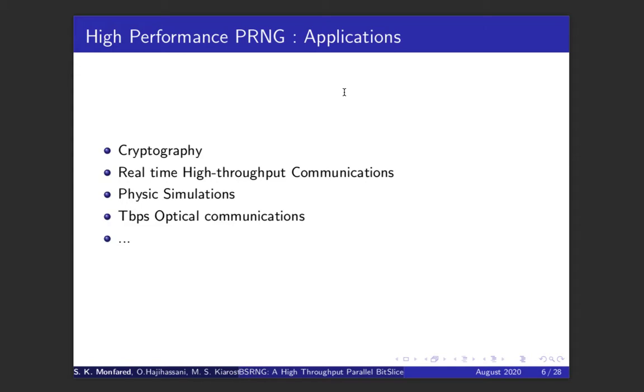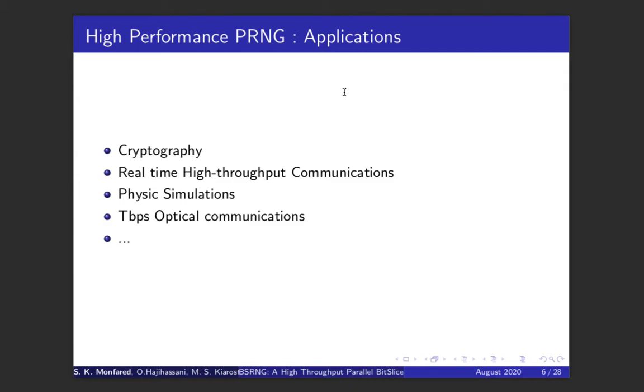There are multiple applications for high-performance PRNGs. For instance, in cryptography itself, you have a high demand for a high-performance PRNG when it comes to generating secret keys and masking your data, encryption of the data. Also, in real-time high-throughput communications, you need a high-performance PRNG.